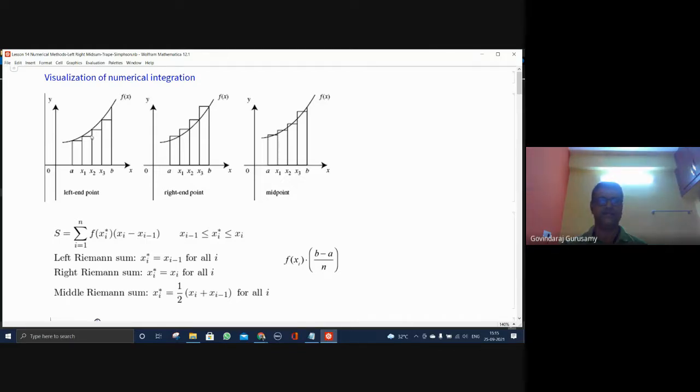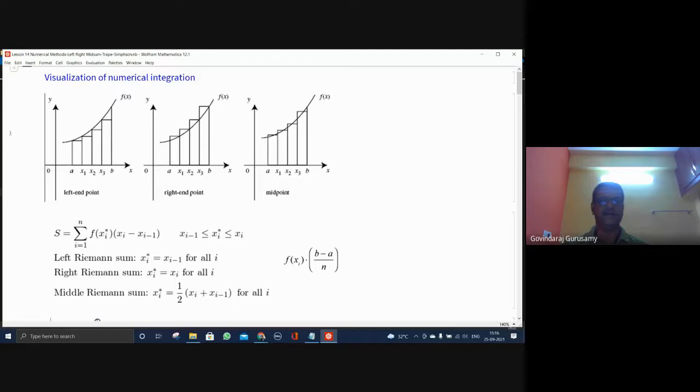See the pictures here, the representation. This is the left hand which we have seen. Visualization of numerical integration. This is f of x going like this, with these different points x1, x2, x3. And this is another method, the right hand. So right hand, left hand, and this is the midpoint.